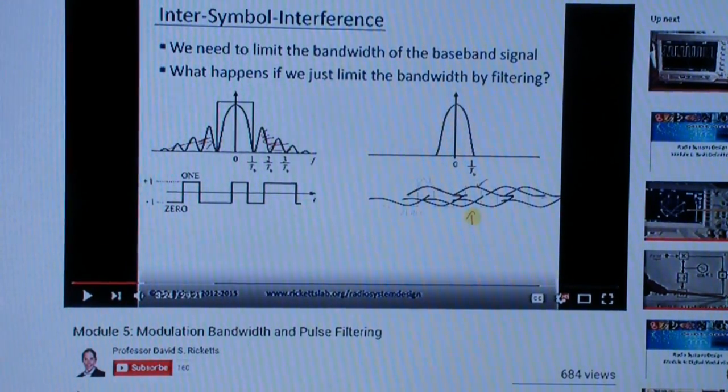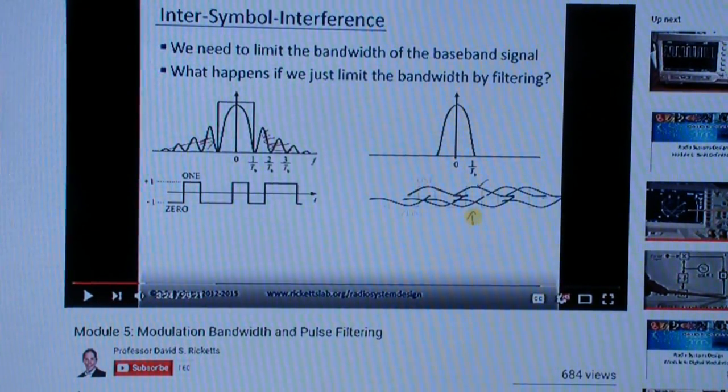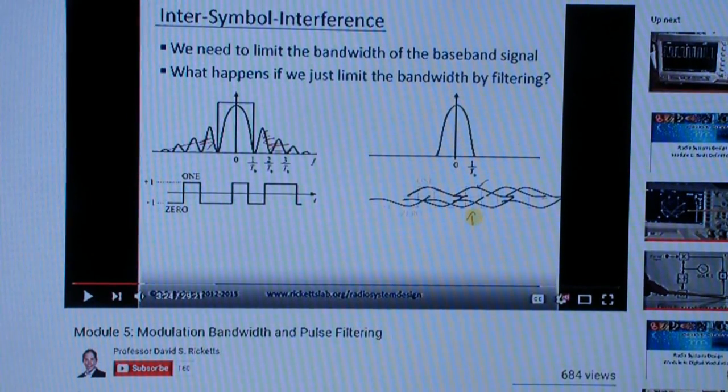What's on the screen is the YouTube channel by a professor, David S. Ricketts. Earlier I mentioned that when we got to pulse filtering that I would tell you about his channel.